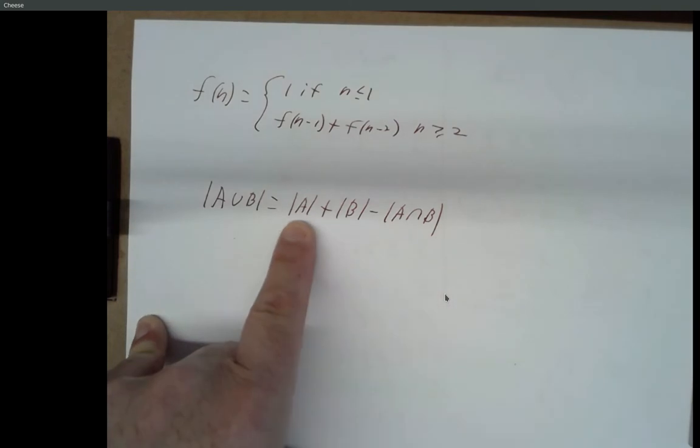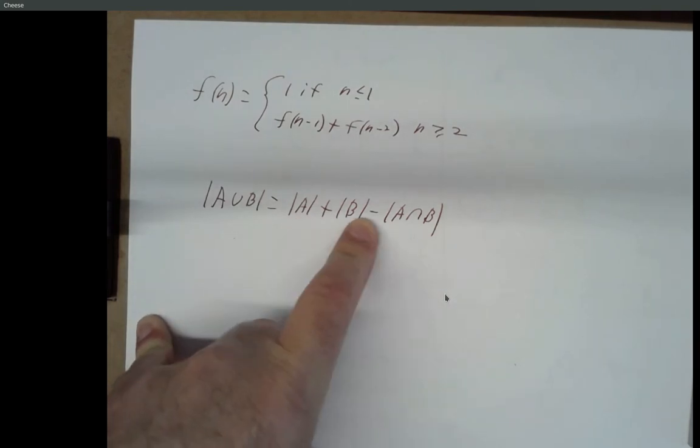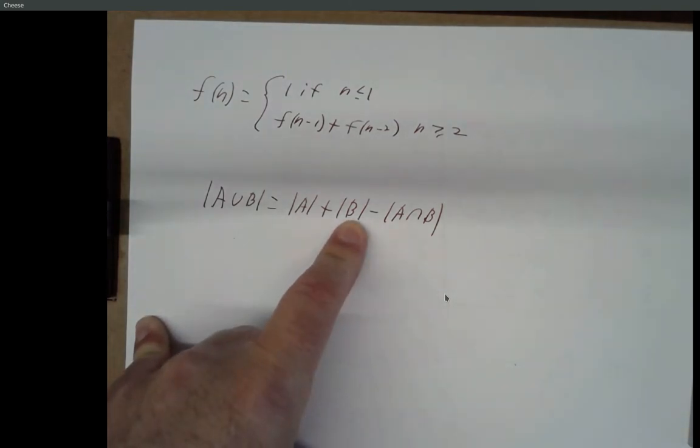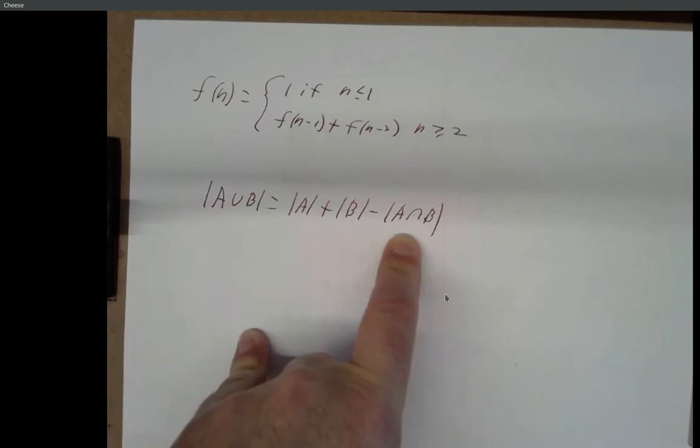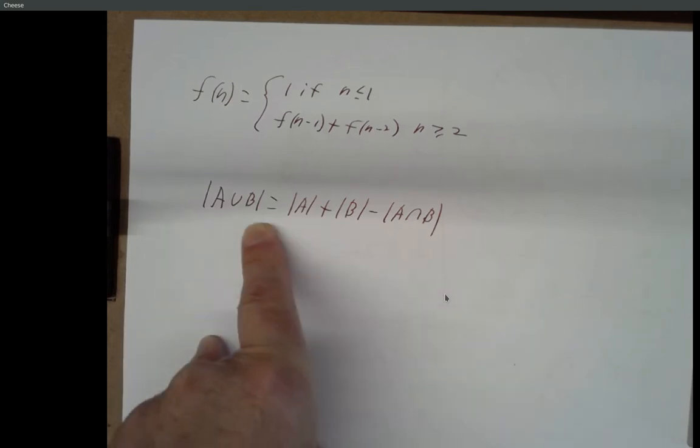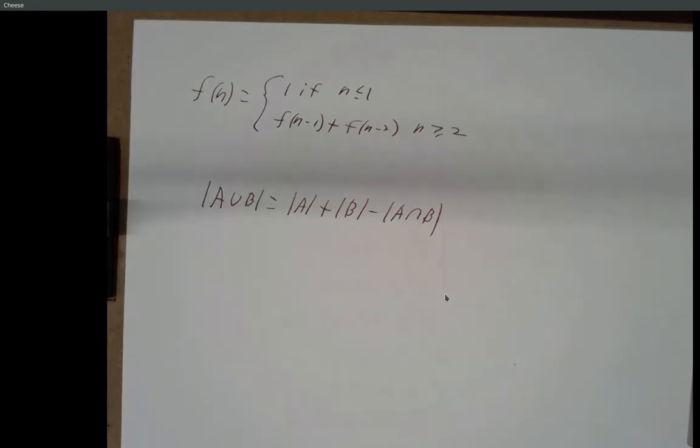So A might be the set of people who like the first Star Wars movie, and B is the set who like the second. If you add those together, you don't get the total number of people. You get the total number of people plus the number that like both movies. So if you subtract that out, you'll get the number of people. And you can use that in various forms.